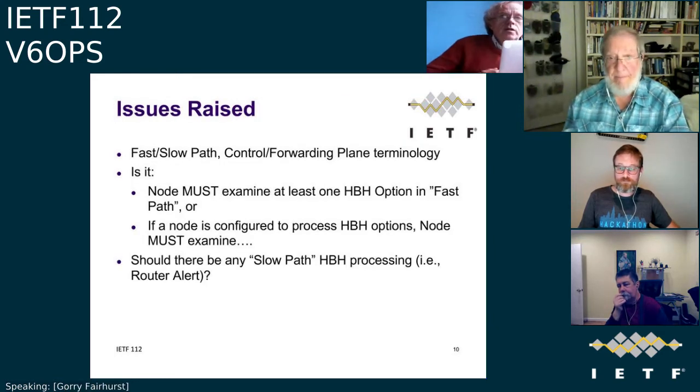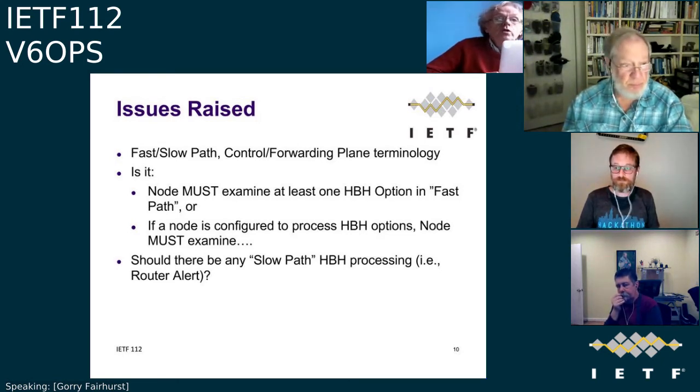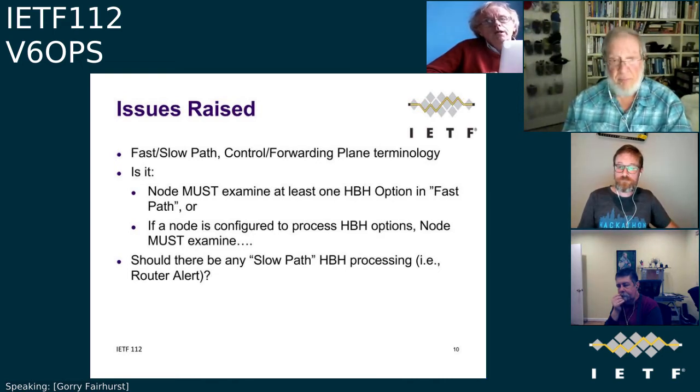So we've had this around for a while, and in fact, we're going to ask for working group adoption again in 6-man as an update. So we're going to ask as part of this meeting today for that. And we've received some issues. The most difficult to answer is what is the fast path or the slow path? What is the control plane and the forwarding plane?